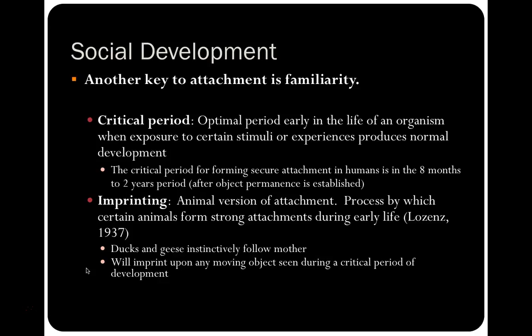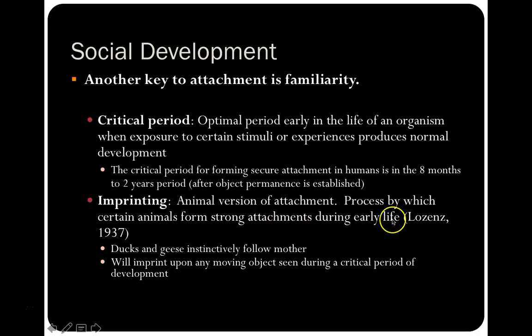Now, an interesting phenomenon that's been observed in animals is what's called imprinting. This is the animal version of attachment. This is the process by which certain animals form strong attachments during early life.